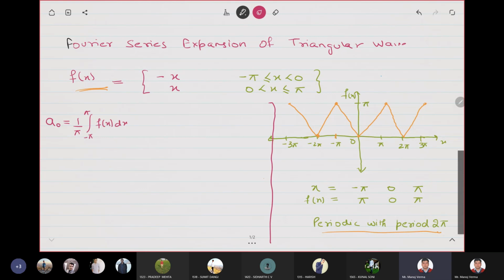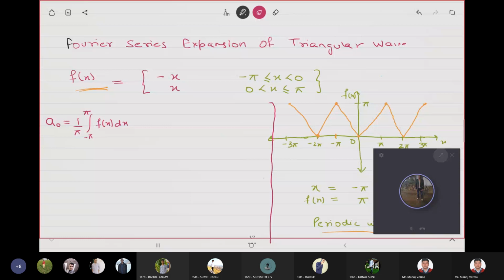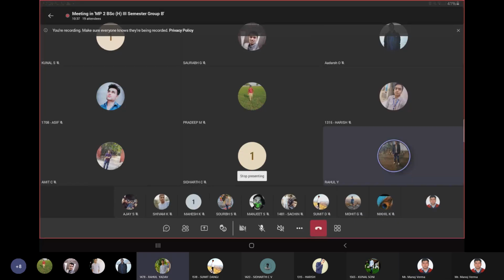You can expand the limits. Sir, are you sharing your screen? Yes, I am sharing my screen, and my screen is visible on my laptop also. Sir, can you again share it? My laptop is not showing it. Rahul, I am sharing my screen. Okay, I will stop the sharing and share again.